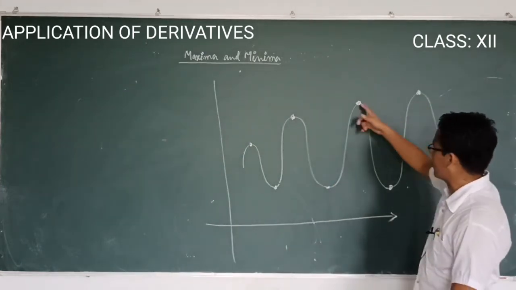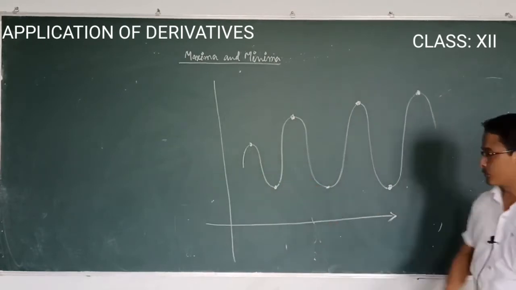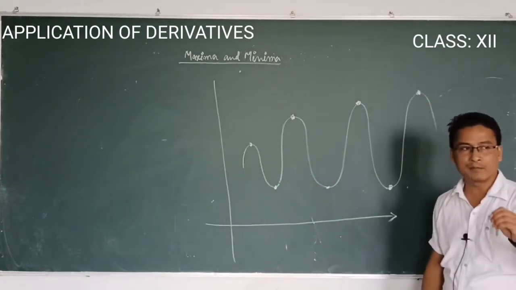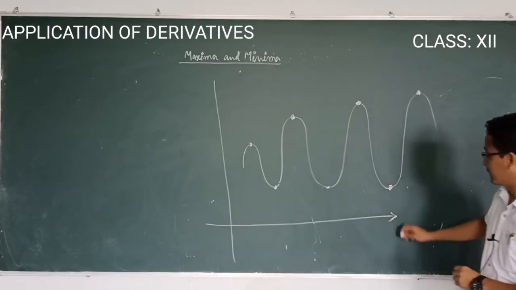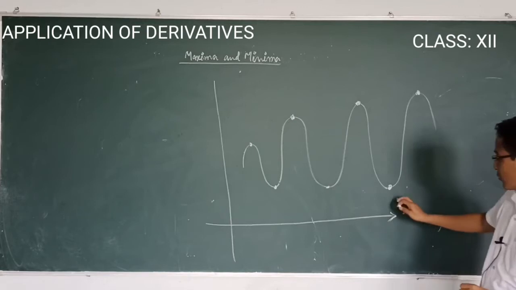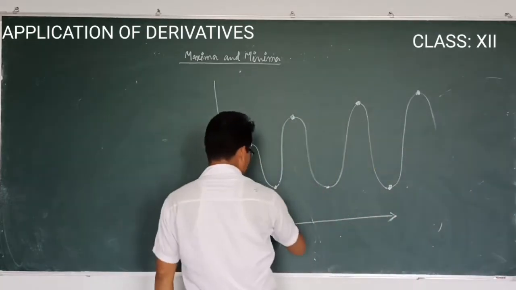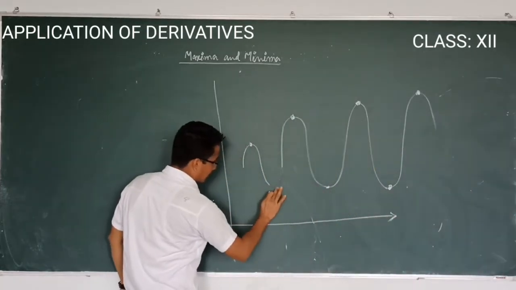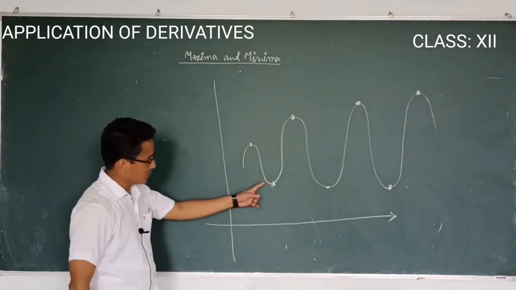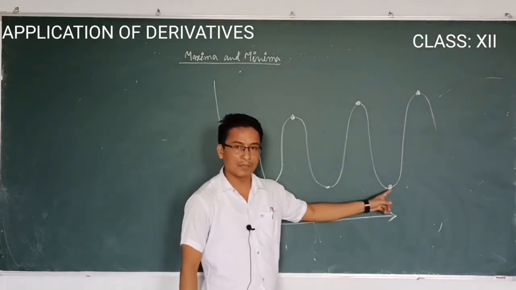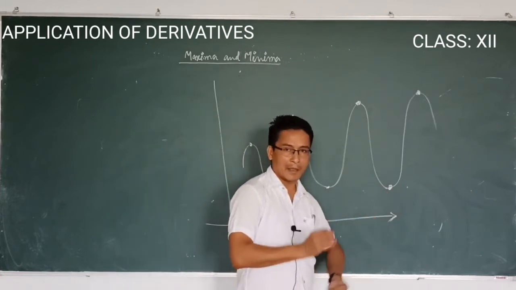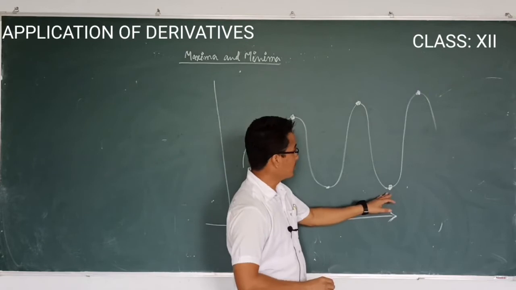If you see this curve, you will notice that this point is greatest among all other points. So we consider that point as absolute maxima, and this point is absolute minima. This looks the same, so I will change this a little, then it's a little different.